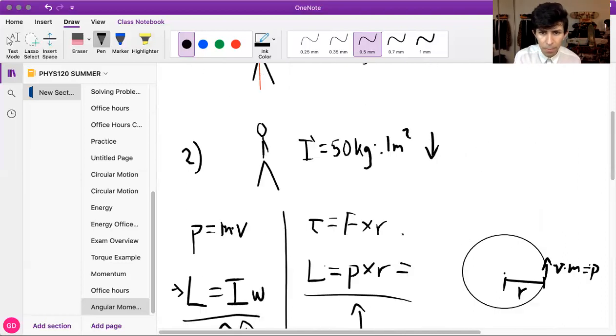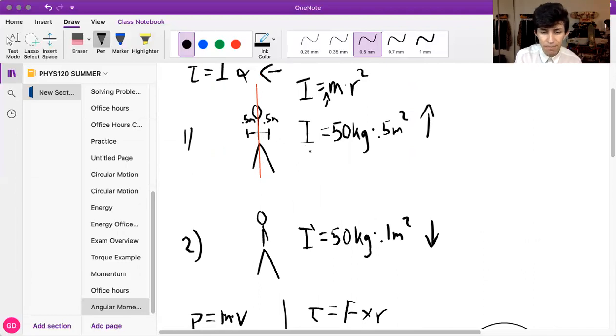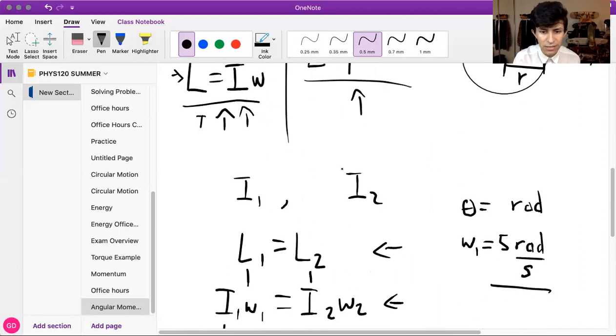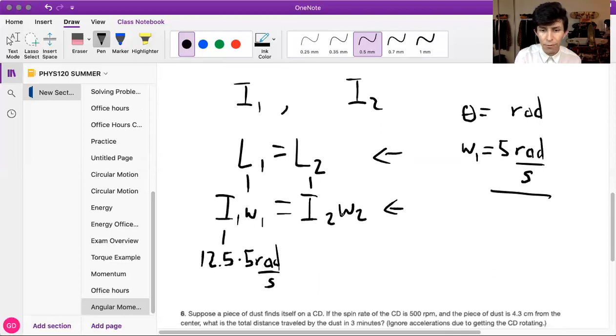We talked about this first case and how once the arms come closer, the velocity increases. So we should get a higher velocity for the second case than for the first. What this means is that for omega 2, we should get a value greater than 5 rad per second.